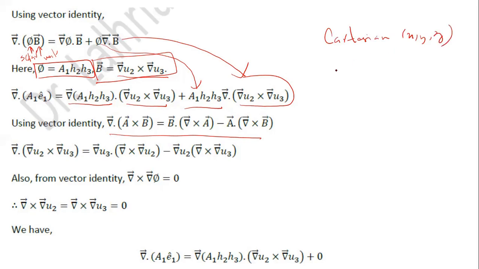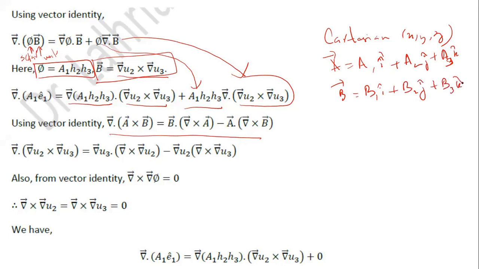In a Cartesian x, y, z system, you can write your A vector as A1 i cap plus A2 j cap plus A3 k cap. Your B vector you can write as B1 i cap plus B2 j cap plus B3 k cap.